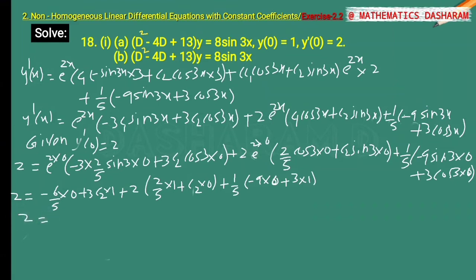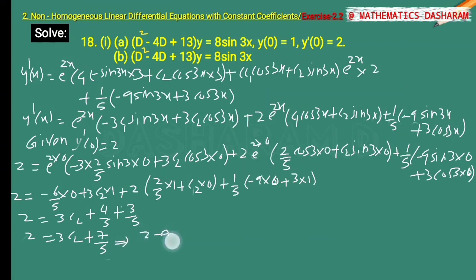2 equals to 3c2 plus 4 by 5 plus 3 by 5. So 2 equals to 3c2 plus 7 by 5.